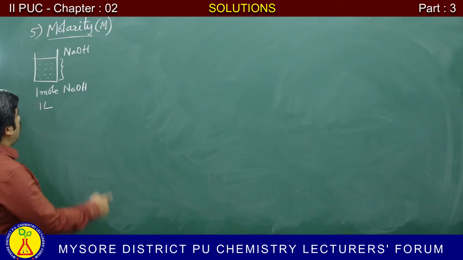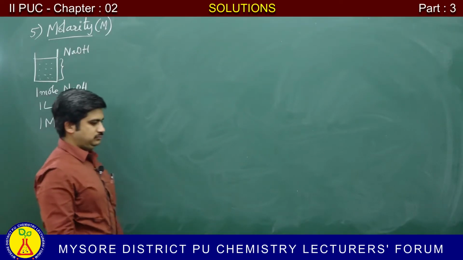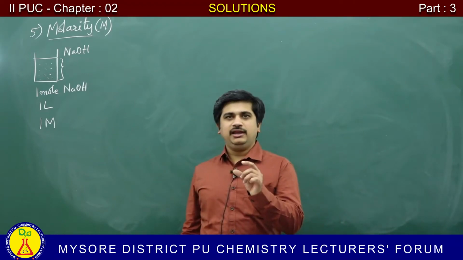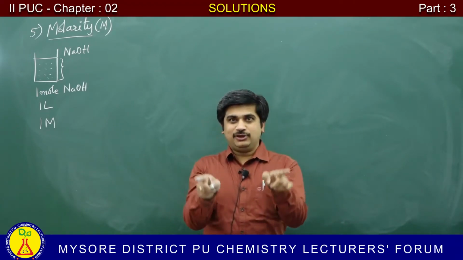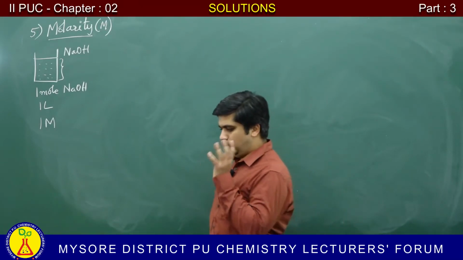Then the concentration of such a solution is said to be 1 molar. That means if 1 mole of a solute is dissolved in 1 liter of the entire solution, then the concentration of such a solution becomes 1 molar.